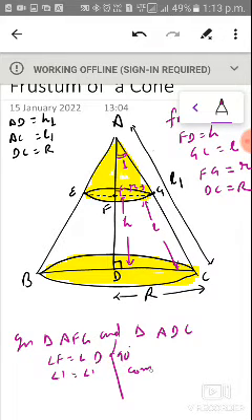So we can write triangle AFG is similar to triangle ADC by AA criteria.